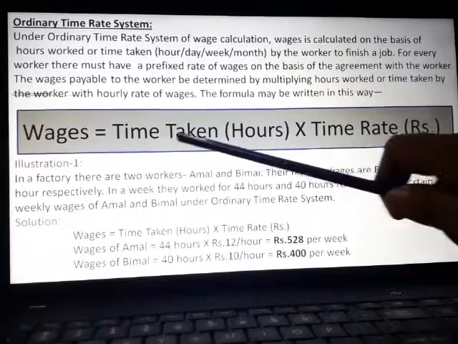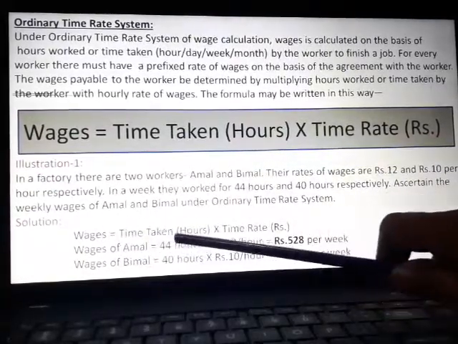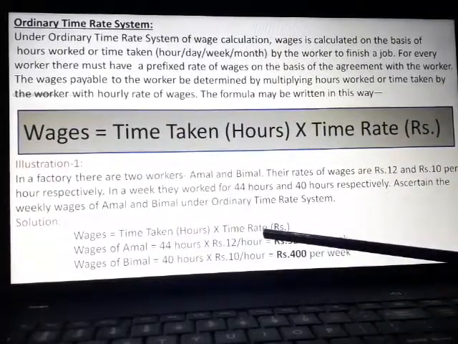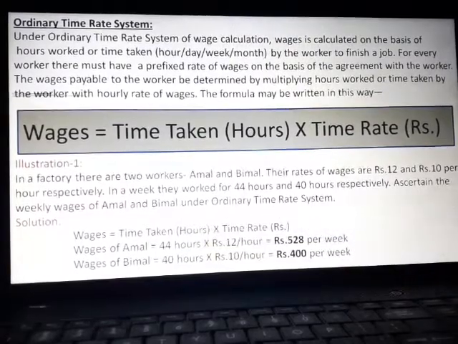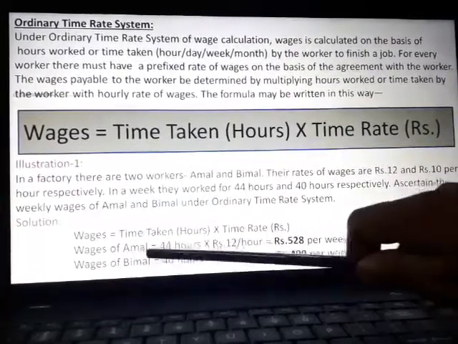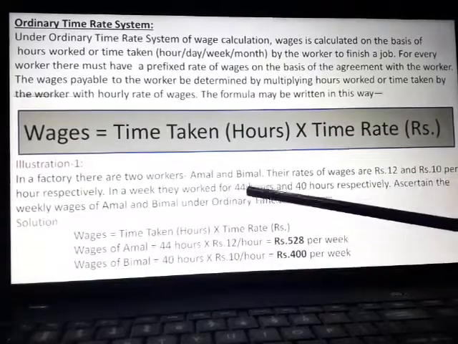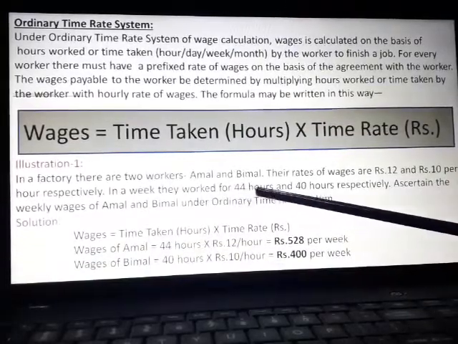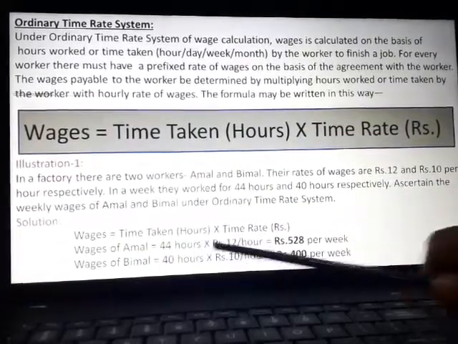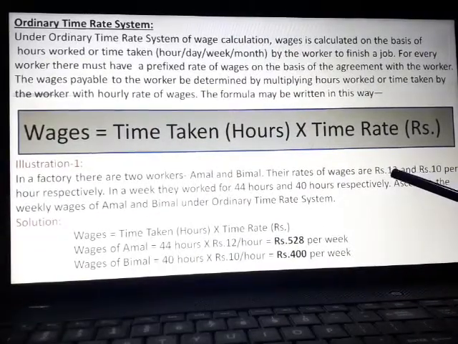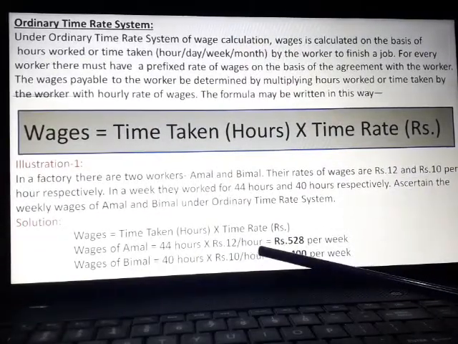What we have learned here, the formula: wages equal to time taken into time rate, or hours worked into time rate. Now, Amol has worked for 44 hours, and his rate of wages is rupees 12 per hour.